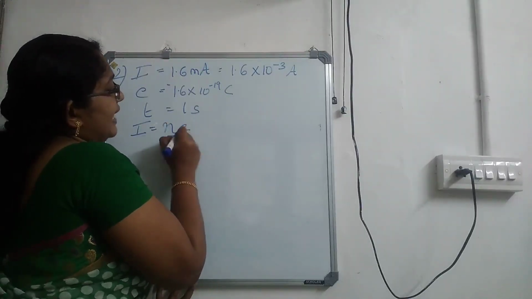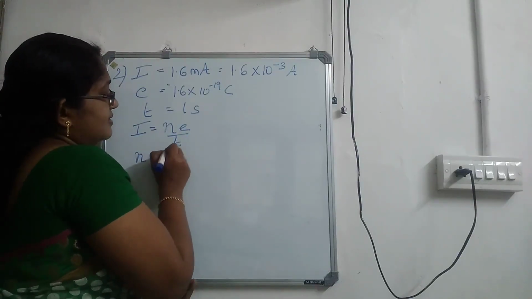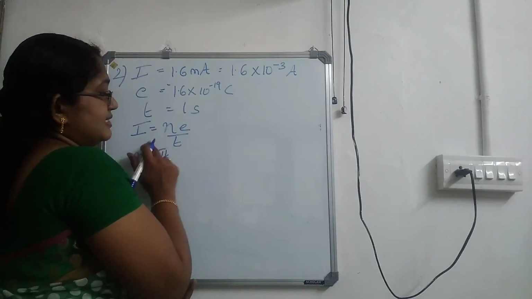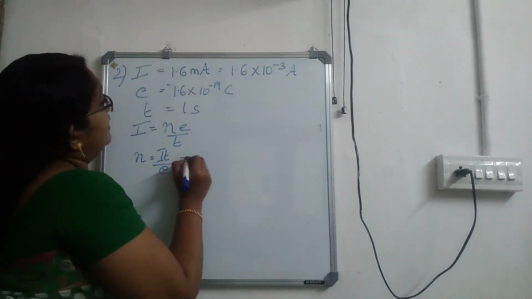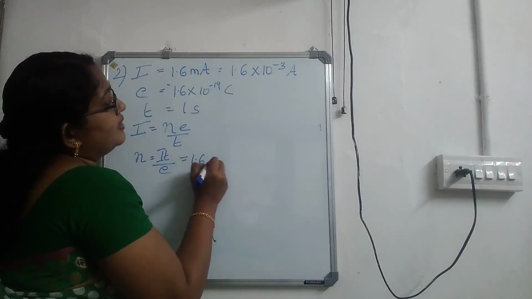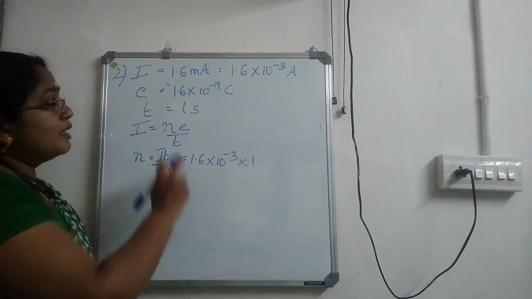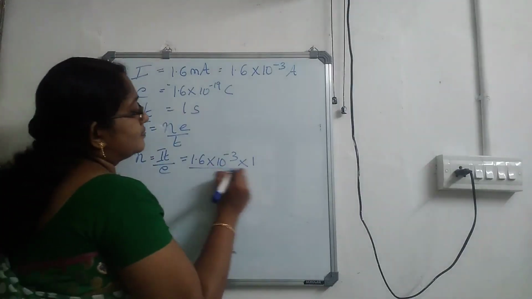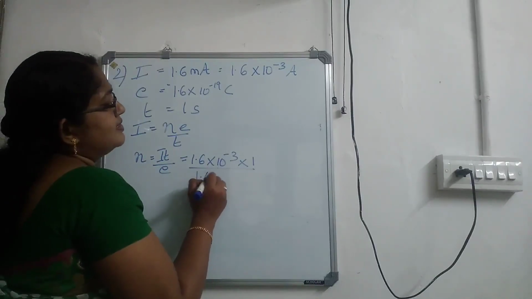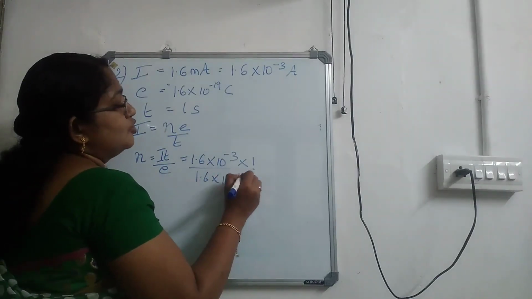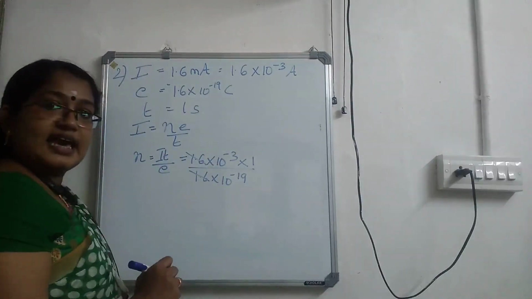So what is our equation? I equal to Ne by t. So what will be N? N is equal to It by e, isn't it? So this will be equal to 1.6 into 10 raised to minus 3 into 1, because it is per second, by 1.6 into 10 raised to minus 19. 1.6 and 1.6 gets cancelled.